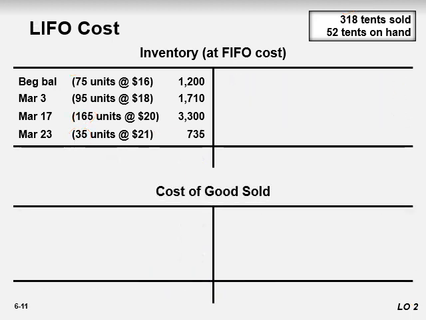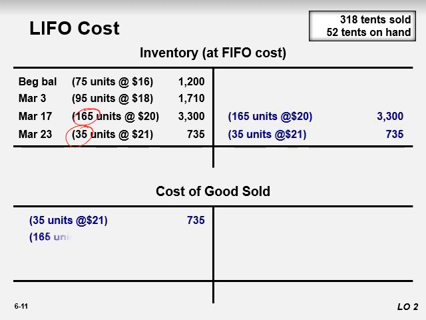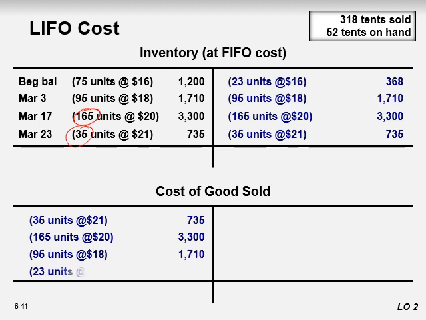And now LIFO, last in, first out. So 318, this 35 units will be sold, yes. The 165 will be sold, yes. And 95, yes, sold. And some parts, that is 23 units that are left, these are sold at 60.